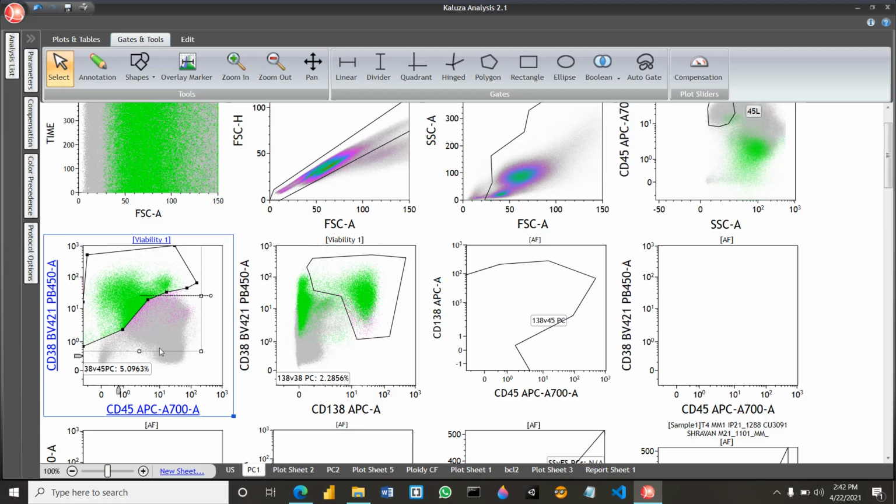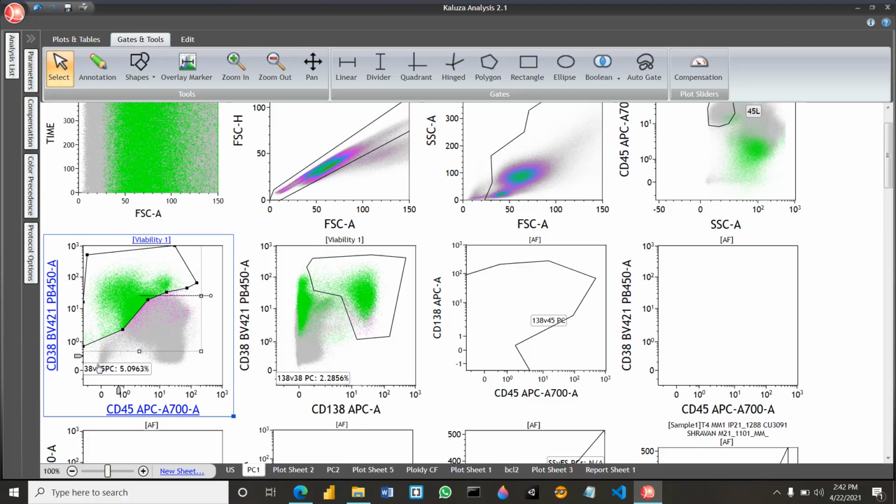So what we can do is, as a broad gate to include all events, we can start with CD38 and CD45, and then we can choose CD38 and CD138 to exclude the rest of the cells which are not plasma cells, and then confirm the gate and the number of plasma cell events in this sample.